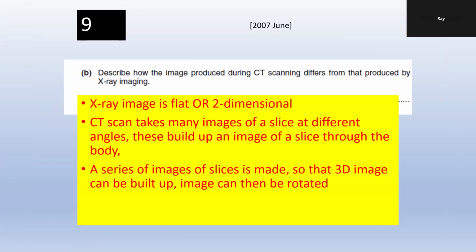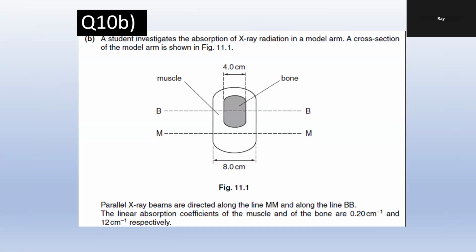This question is quite popular, so memorize it. It's a 5-mark question. A student investigates the absorption of X-ray radiation in a model arm. A cross-section of the model arm is shown. That's the bone, that's the tissue or muscle.